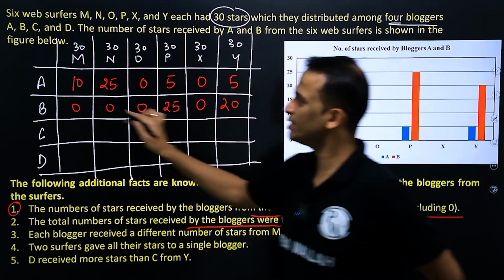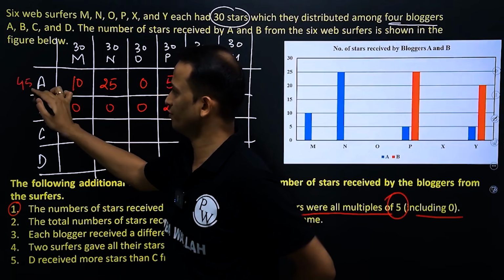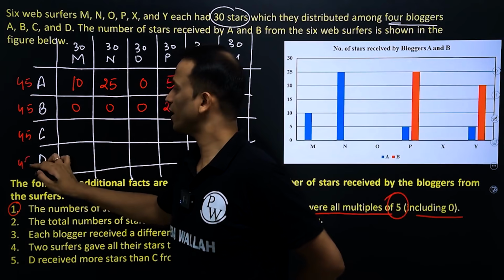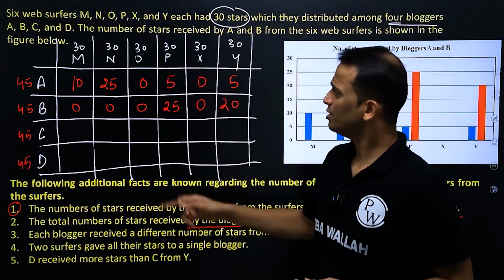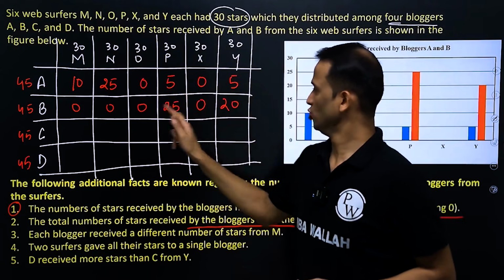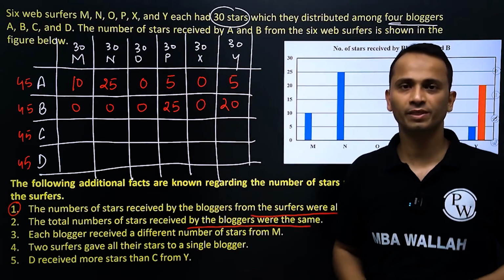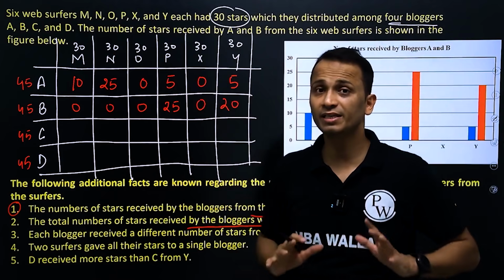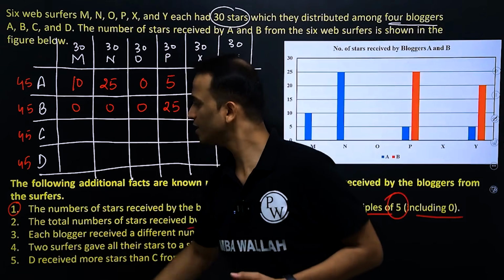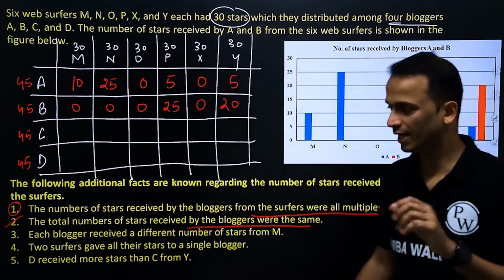So horizontally, the sum should be 45. You might not have observed it for A and B. Check 35, 40, 45, 45 for A, 25 and 20, 45 for B. Perfect. For A and B, it is matching. Obviously, it should match, right? The second point I have taken, done.